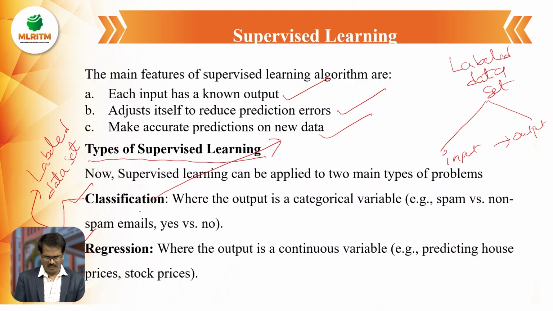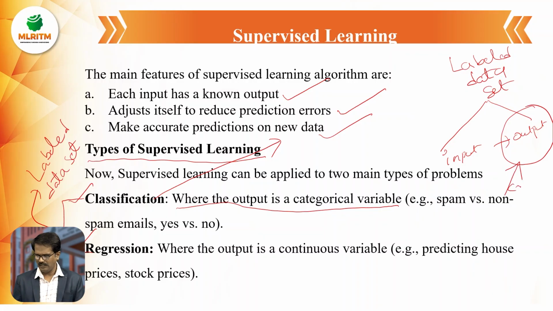Now, what type of data will the classification algorithms work on? When the output of the data is a categorical variable. Categorical data is nothing but data whose value is always text. One of the best examples is spam, non-spam, yes or no, deceased, non-deceased.